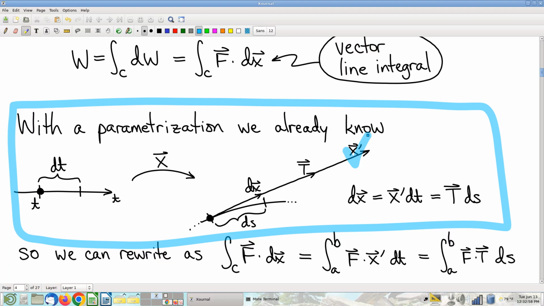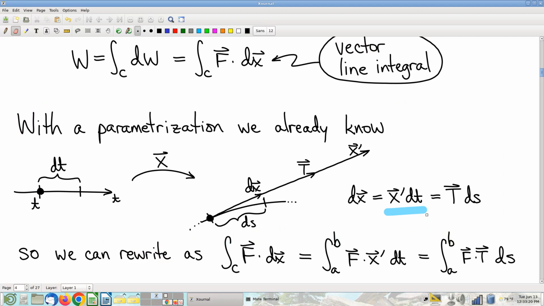And once you know a direction, then you can talk relatedly about the unit vector in that direction. This is what we call the unit tangent vector. And a little bit of discussion gave us these relationships here between the various objects in play. And again, feel free to rewind to chapter 3 to get the full discussion on that.